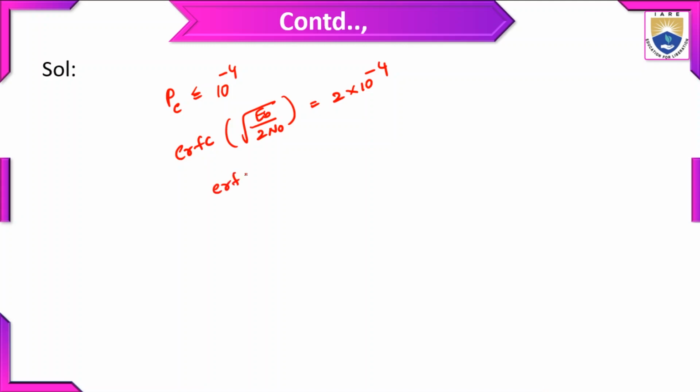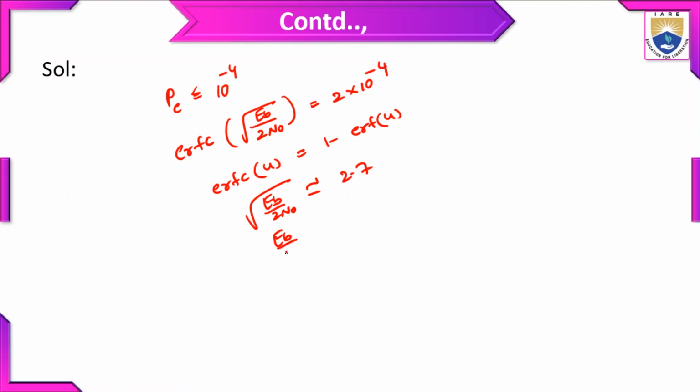So erfc of u is equal to 1 minus erf of u. Here erfc means error complementary function, erf is the error function. So the difference is 1 minus the error function. So square root of Eb by 2N0 is equal to 2.7.